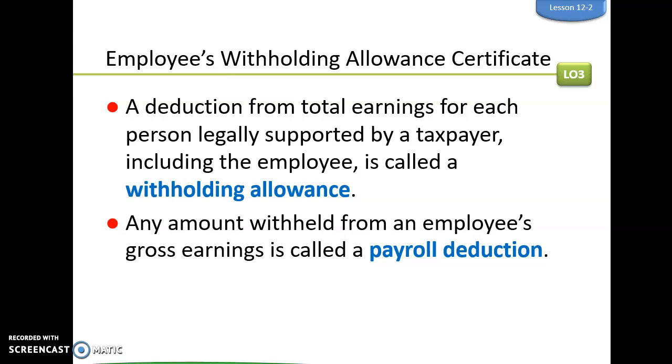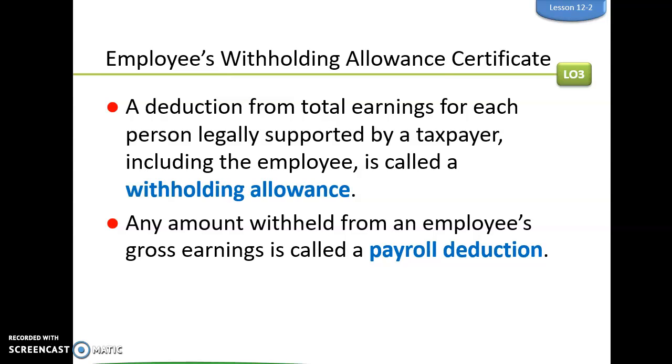So a married employee will have less income tax withheld than a single employee with the same earnings. So the larger number of allowances claimed, the smaller amount of income tax withheld. So the more allowances we claim, the smaller amount of income tax that's taken out of our check.